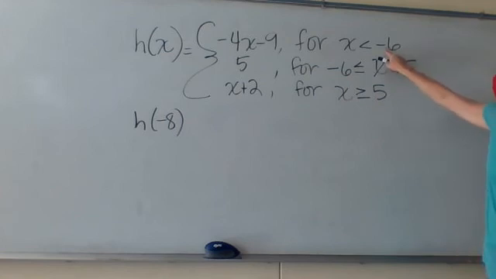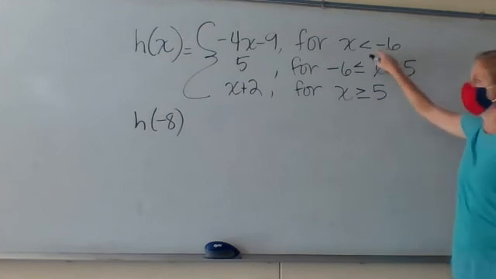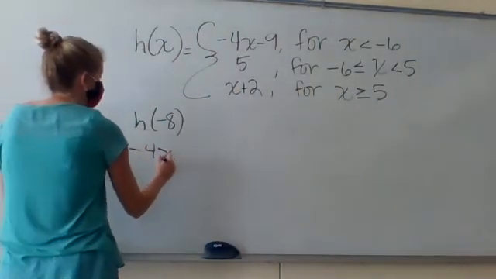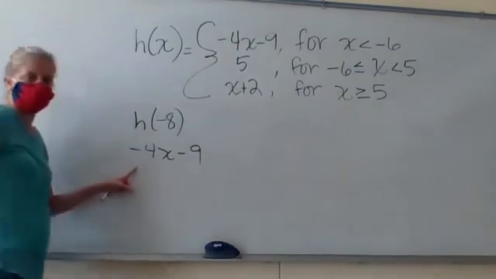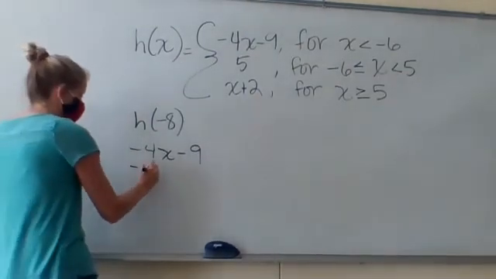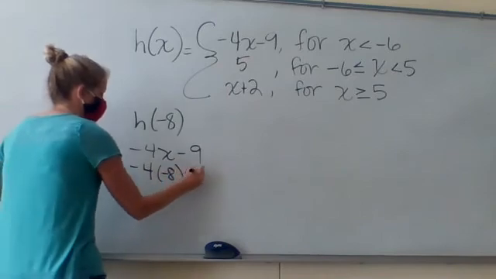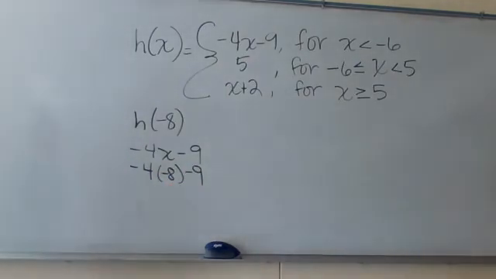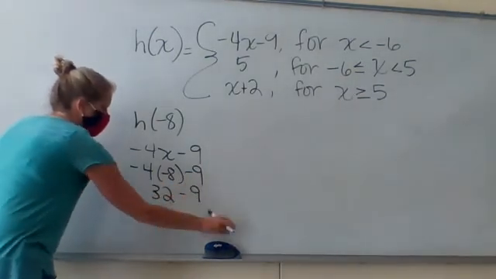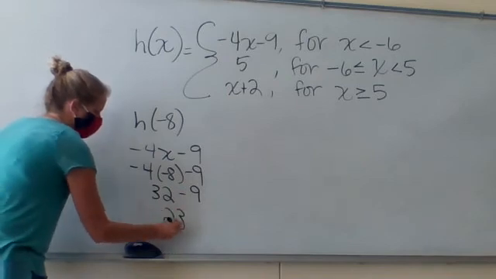So it's going to fall into this first piece. So if I plug it into my first piece, negative 4x minus 9, replace that x, so I have negative 4 times negative 8 minus 9. Negative 4 times negative 8 is 32 minus 9, which is 23.